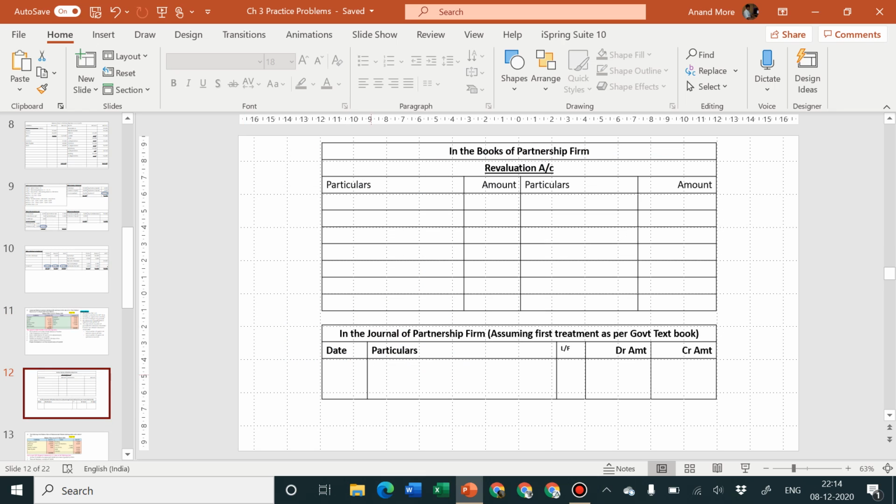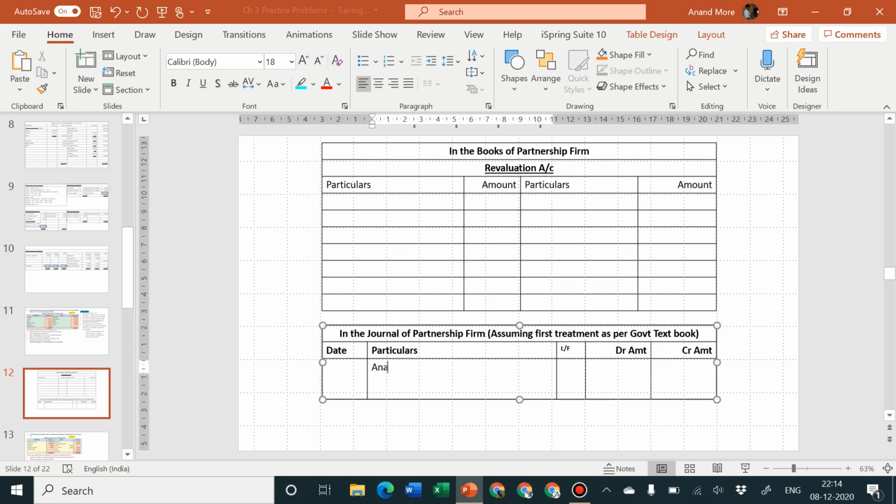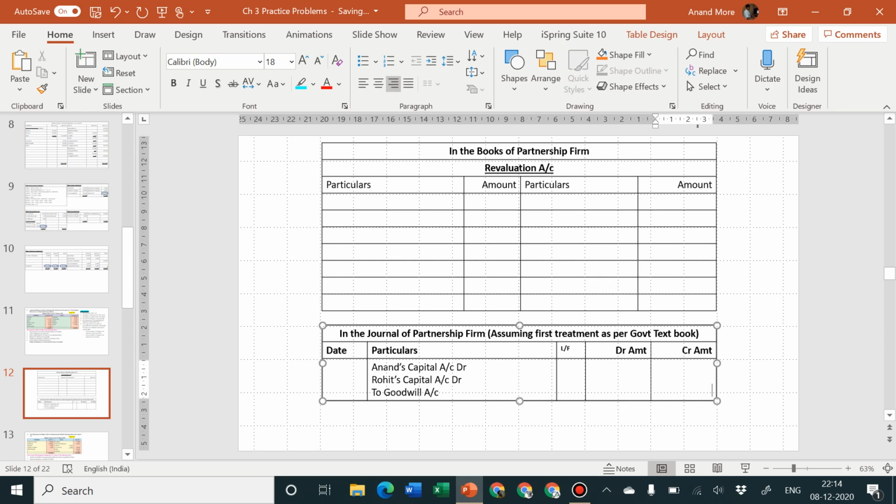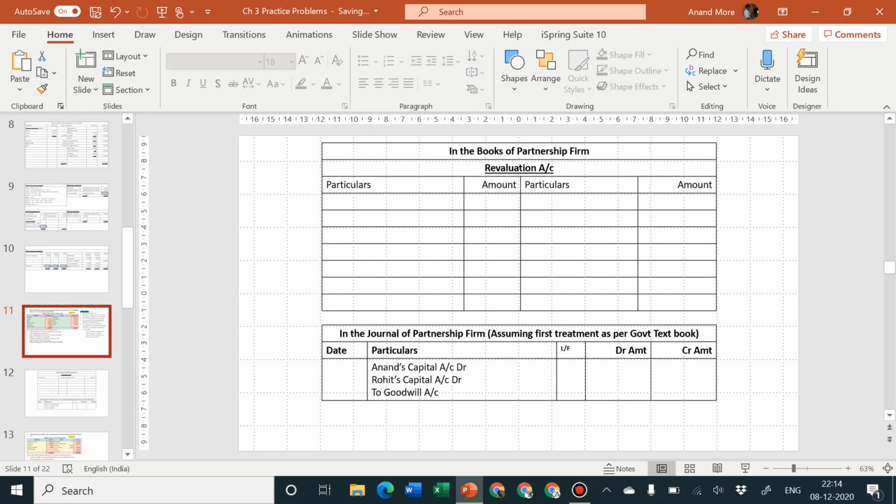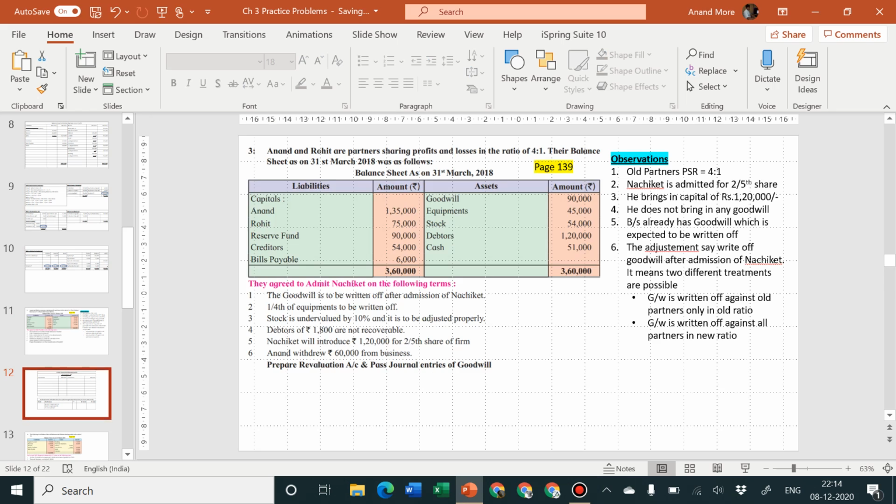So I'll specify the entry will be Anand's capital account debit, Rohit's capital account debit, to goodwill account. And they have told us the amount of goodwill from the existing balance sheet is rupees 90,000.